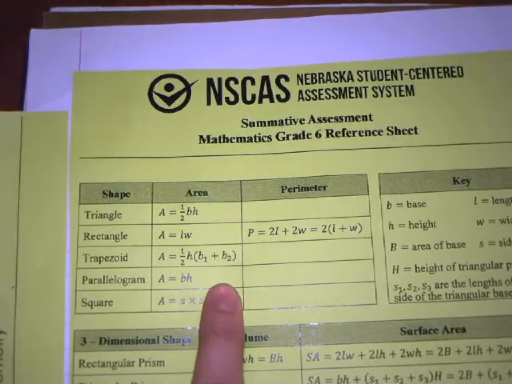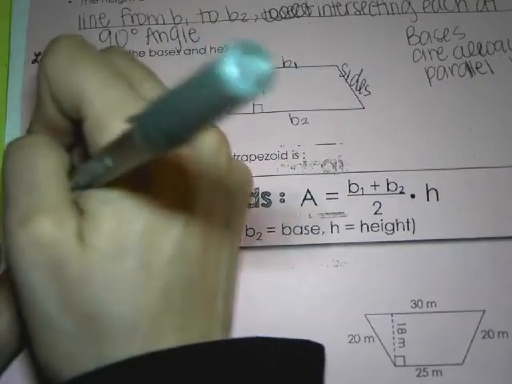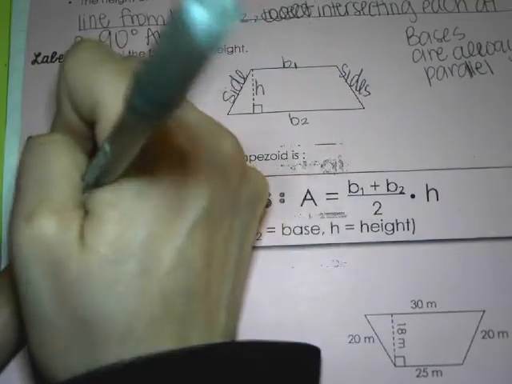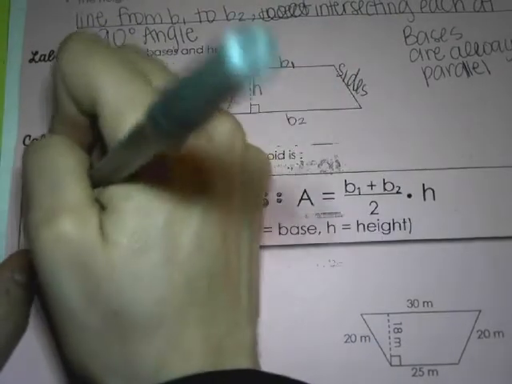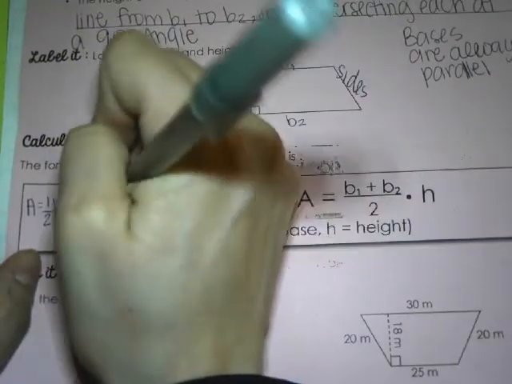So we are going to write that down on our trapezoid page. So we're going to go back over here. And we are actually going to write down area equals 1/2 h, and then I'm going to put parentheses B1 plus B2.